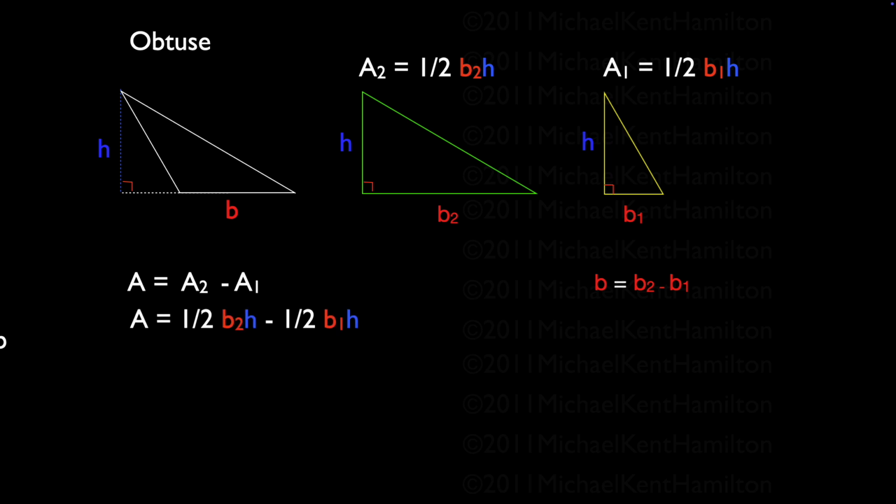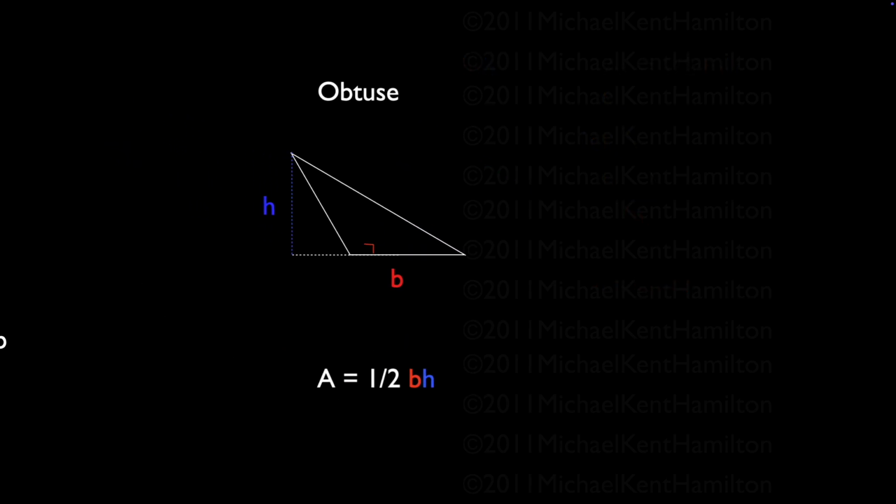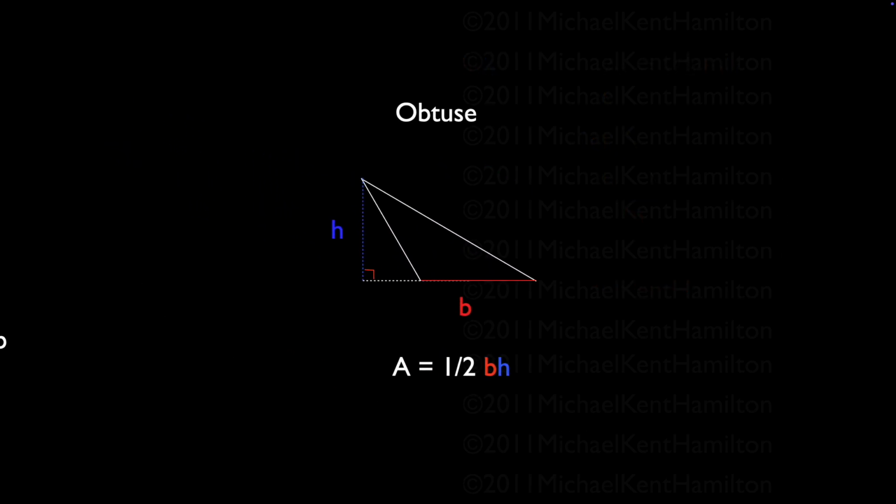Since those are given by 1/2 B2 H and 1/2 B1 H respectively, and the base of our obtuse triangle is equal to B2 minus B1, we can apply the distributive property and arrive at the formula. Once again, 1/2 base times height gives us the area of our triangle in the obtuse case.